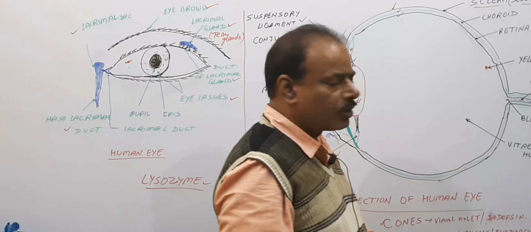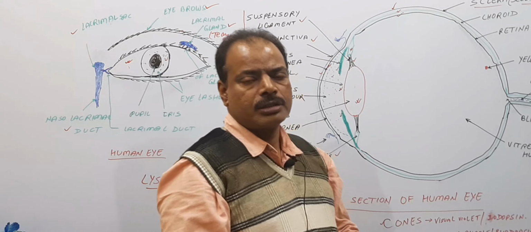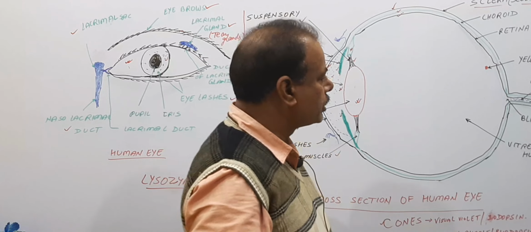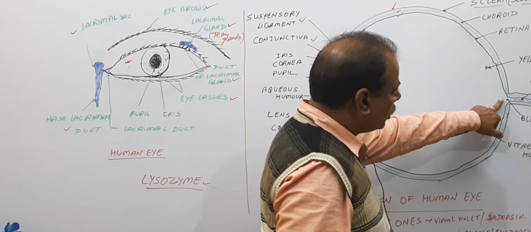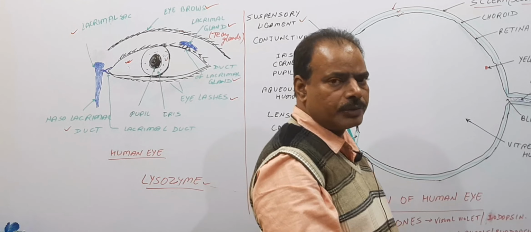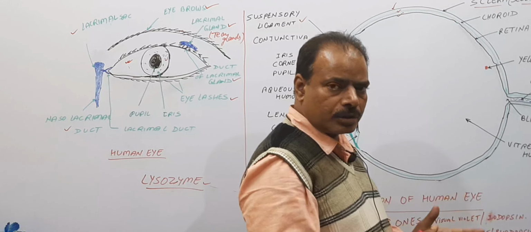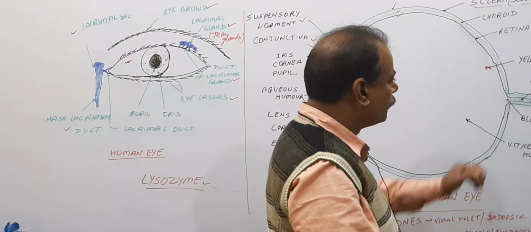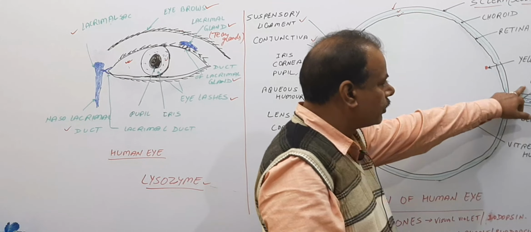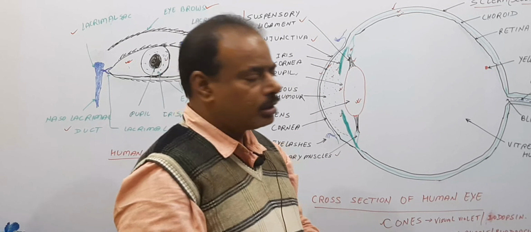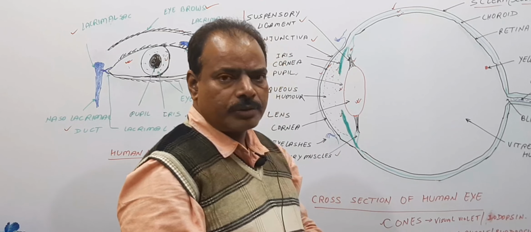This blind spot is called the no vision area because the receptors or sensory cells present here are combined together to form the optic nerve, and this optic nerve carries impulses from the retina to the brain.